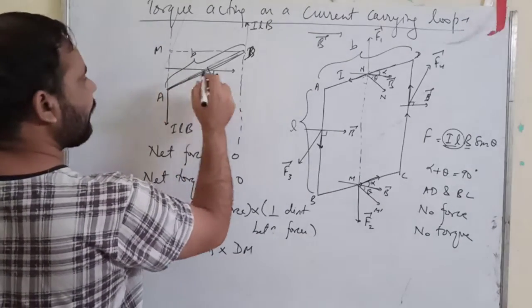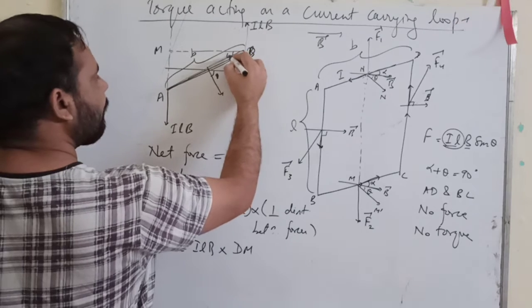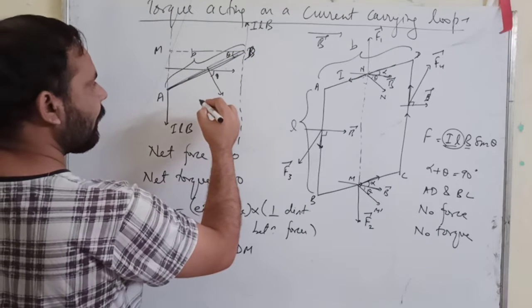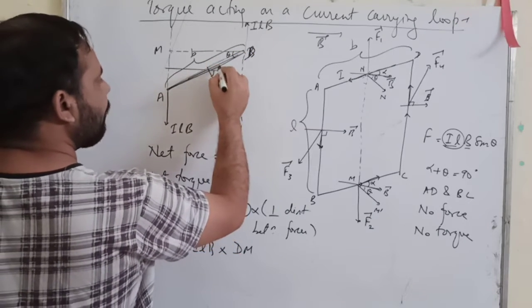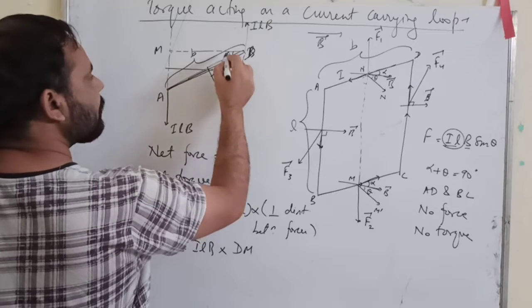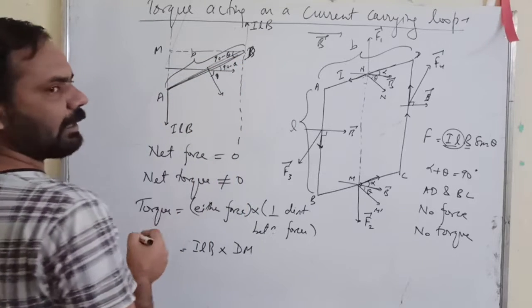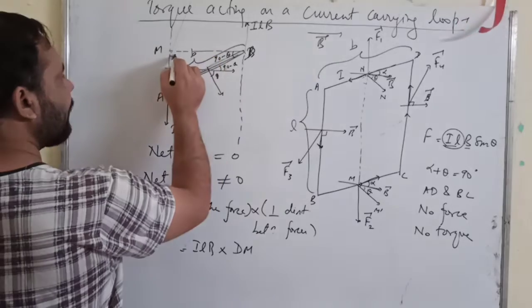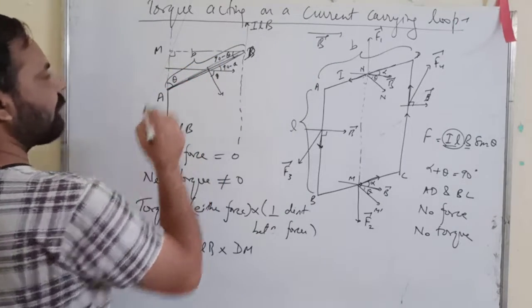Now if this angle is theta, it means that this angle will be 90 minus theta. So this angle will be 90 minus theta, and if it is 90 minus theta and this is 90, so this angle will be theta.